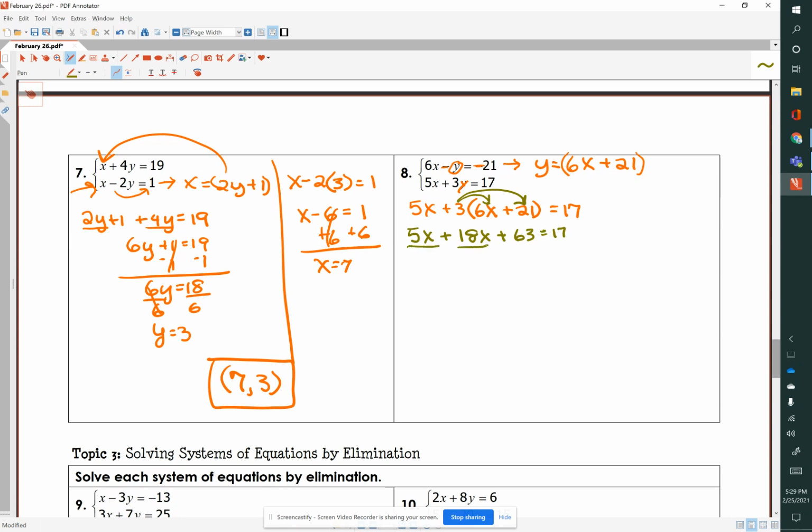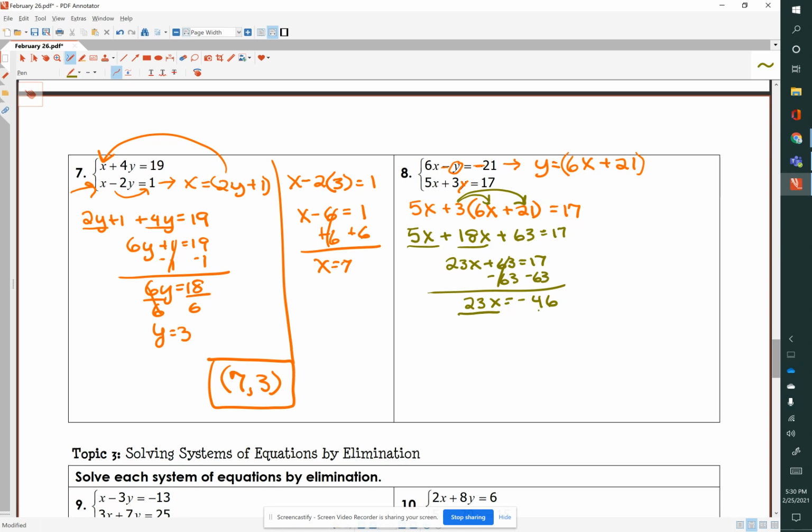Now I'll combine like terms. 18 and 5 are 23, so I've got 23x plus 63 equals 17. I'll subtract 63 from each side, and 23x equals -46.